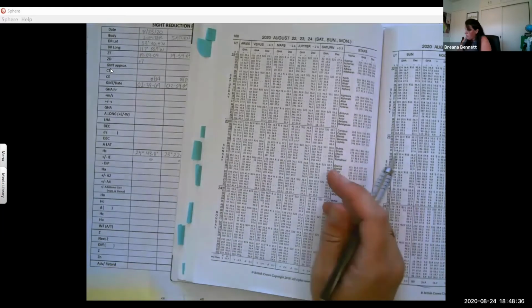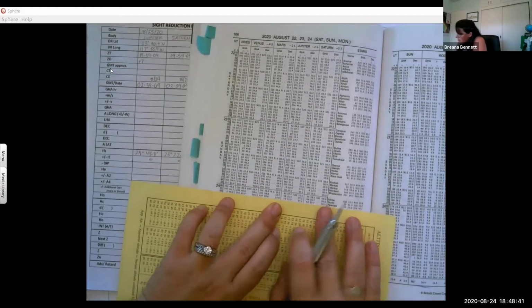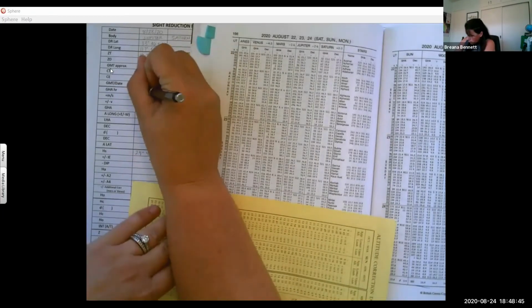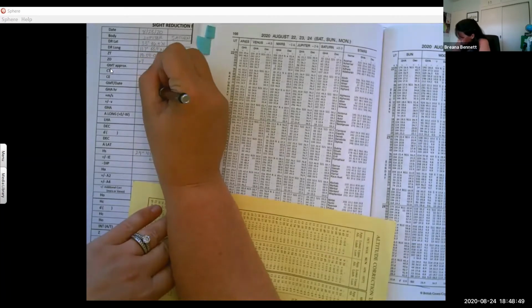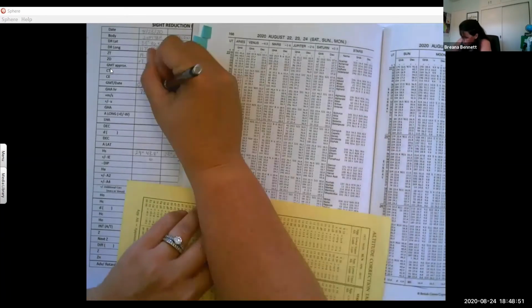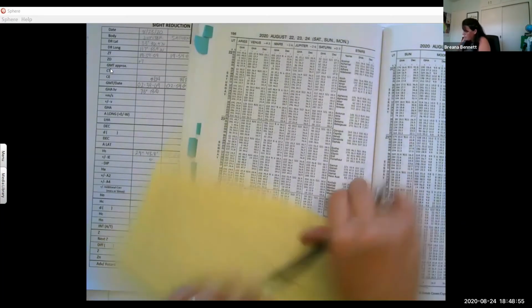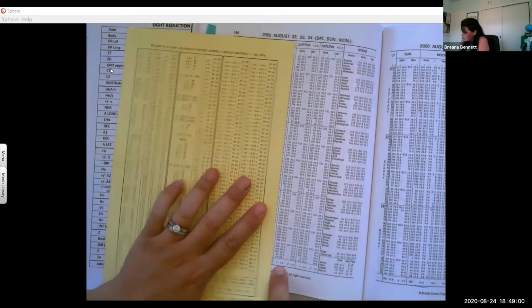So Jupiter 02 was 7313.0, and my V down at the bottom for Jupiter is 2.6.